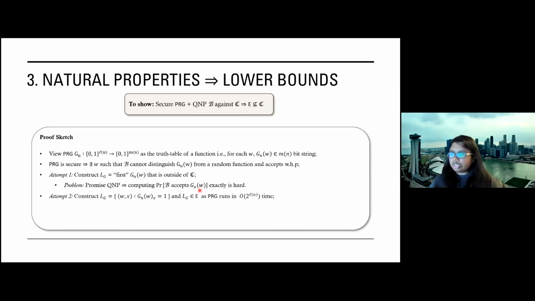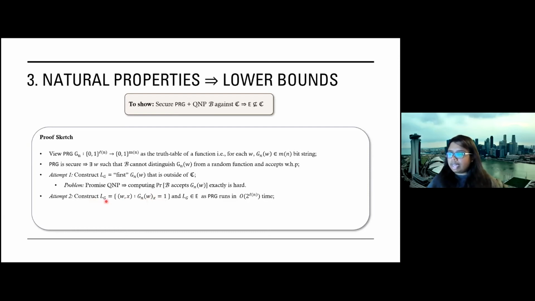So let's change it a little bit. I convert the language to be given by tuples of strings, W and X, where W and X is in the language if and only if when W seeds the generator and you get Gn of W, the X-th bit of this output string is 1. Essentially, I have a generator that's seeded with W, and for the X input, I get the bit 1 out of it.